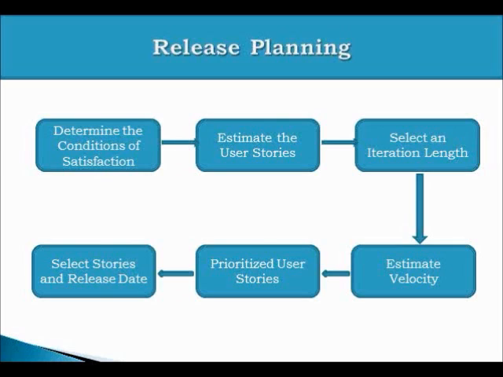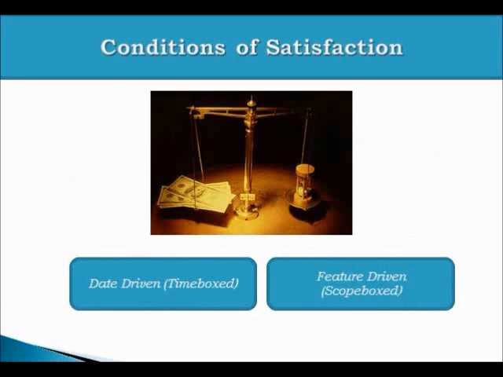And then we have prioritized user stories. On the basis of velocity and prioritized user stories, we just calculate the release date. Looks simple. So what is condition of satisfaction?